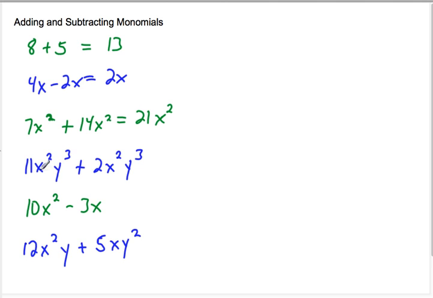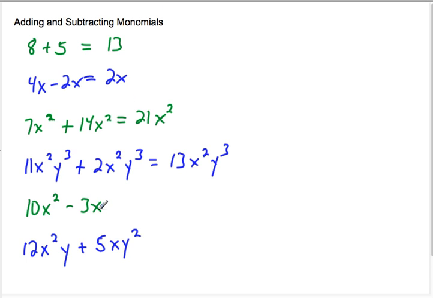And then here we have 11x squared y cubed plus 2x squared y cubed would be 13x squared y cubed. It's actually pretty simple. You just add or subtract the coefficients. 8 plus 5, 4 minus 2, 7 plus 14. Okay, let's get down to the next one.